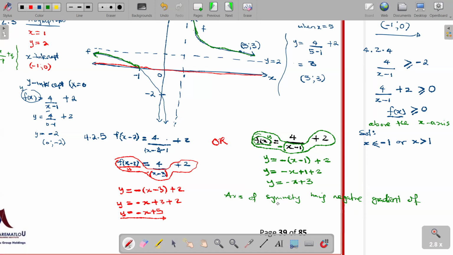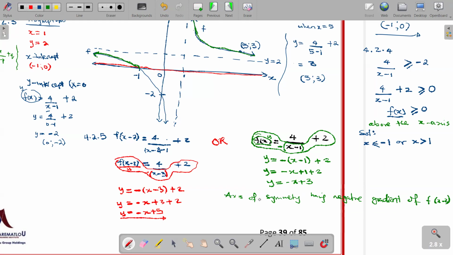Of f(x minus 2). So using transformations, you're supposed to know that f(x minus 2), this part, is representing a graph that has been shifted to the right by 2 units. So if f has been shifted to the right by 2 units, it simply means that even the axis of symmetry, even the asymptotes, have been shifted to the right by 2 units.